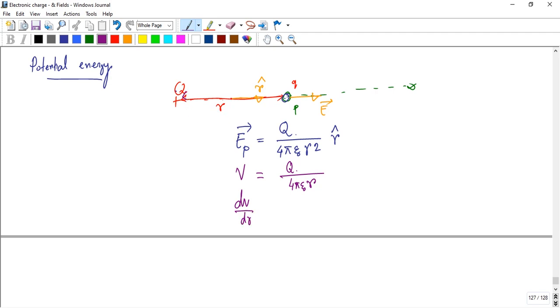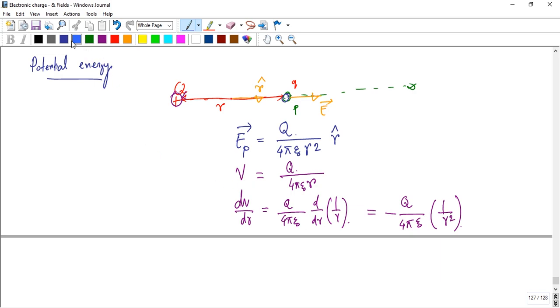So we get Q over 4 pi epsilon naught and d of 1 by r, and we know that that is equal to 1 over r square, so Q over 4 pi epsilon naught 1 over r square, that is dr. Okay, and that is a scalar quantity.